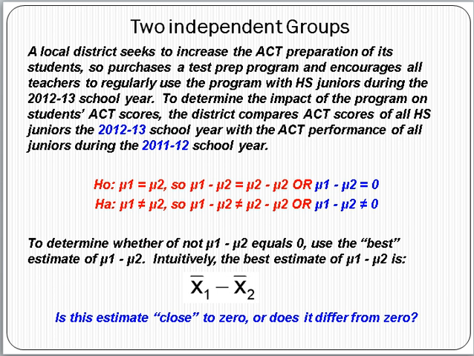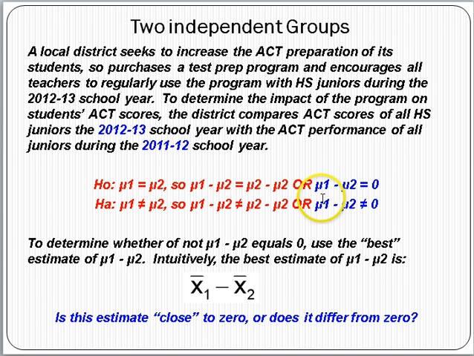Okay, so for independent samples, what StatCrunch and every other stat package actually does is it turns the hypotheses into difference statements. If you subtract mu2 from each side of the null hypothesis, you arrive at the hypothesis that mu1 minus mu2 is equal to 0.